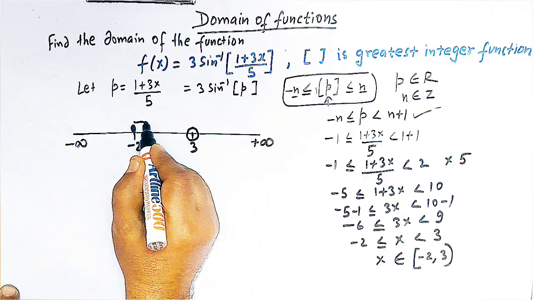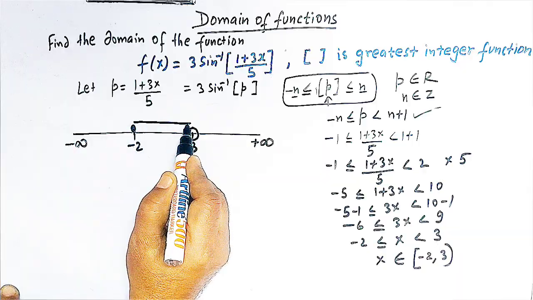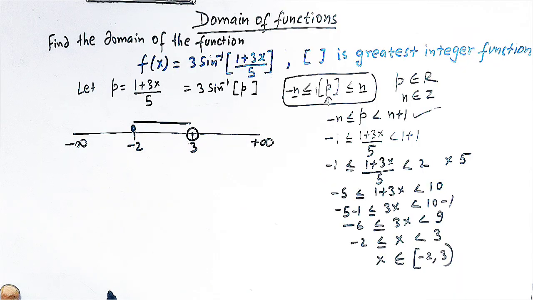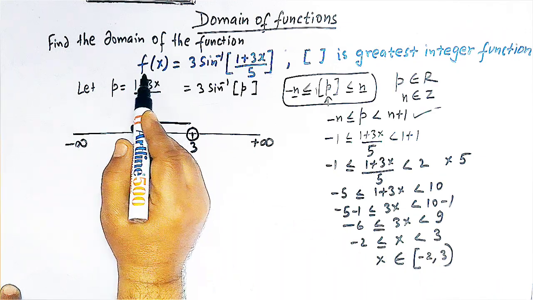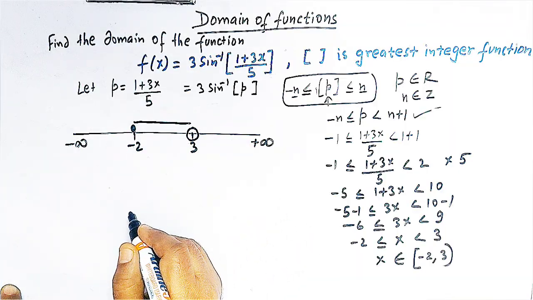So the domain is represented by this region, minus 2 to 3, right? So let us verify that this interval represents the domain of this function by taking some particular values, right?